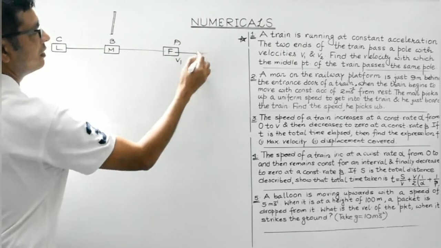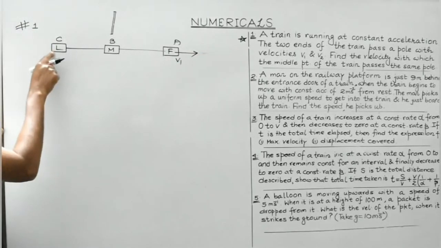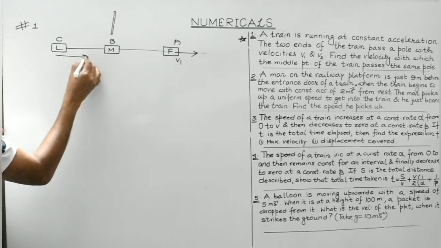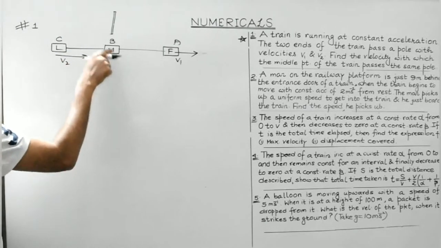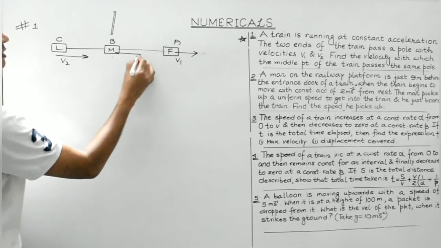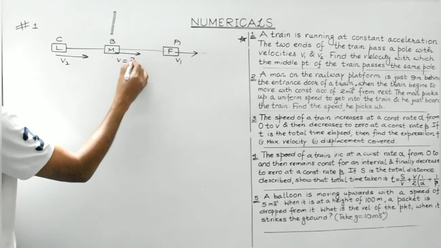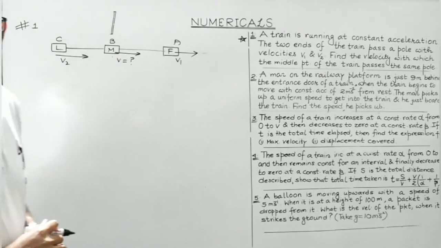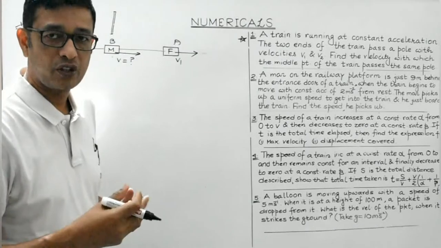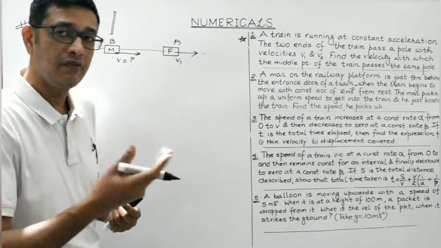When the last compartment crosses the same pole, its velocity is given to be v2. When the midpoint of the train crosses the same pole, suppose its velocity is v. This is what we are supposed to find, and v1, v2 are given. So obviously, we need to find an expression for v in terms of v1 and v2.